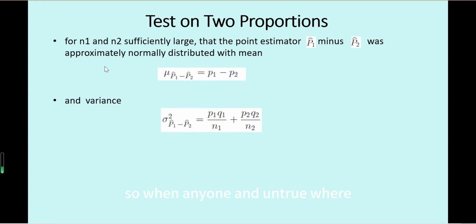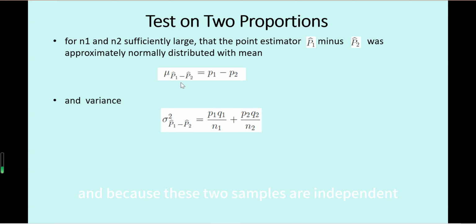So when N1 and N2, the sample sizes, are both sufficiently large, or say at least 30, the point estimate P1 hat minus P2 hat is approximately normally distributed with mean mu of P1 hat minus P2 hat equals the population difference P1 minus P2.